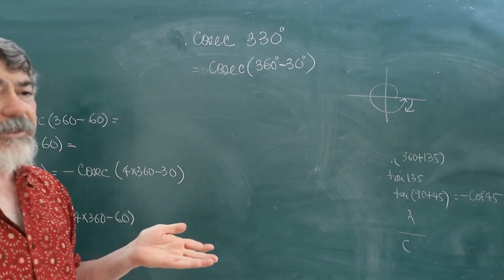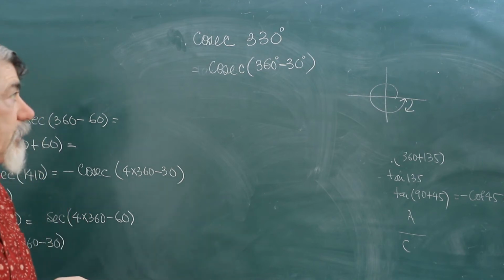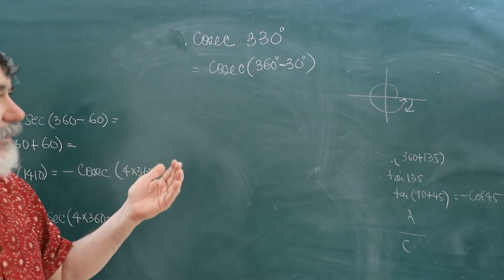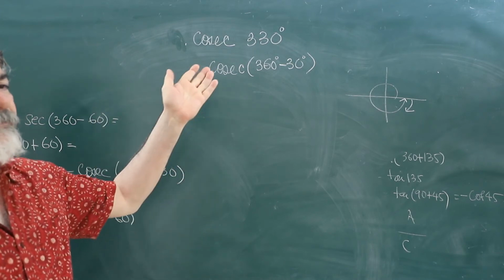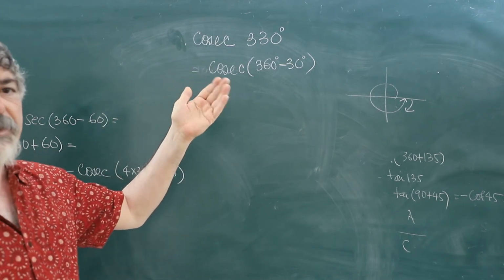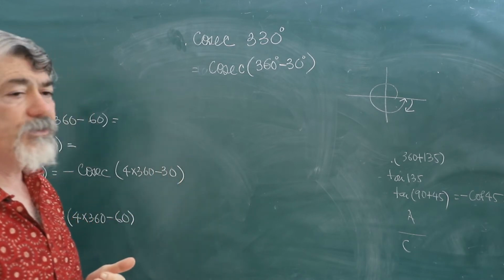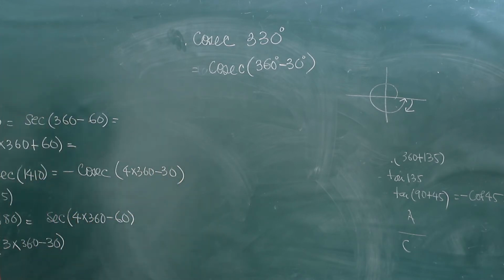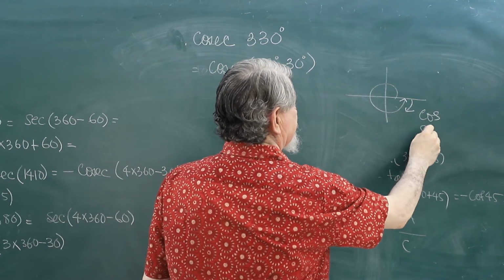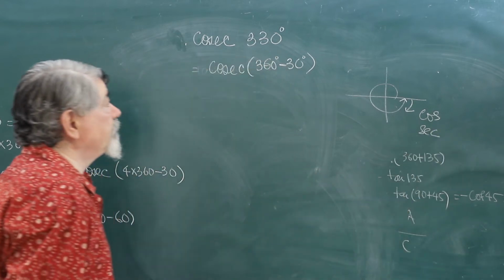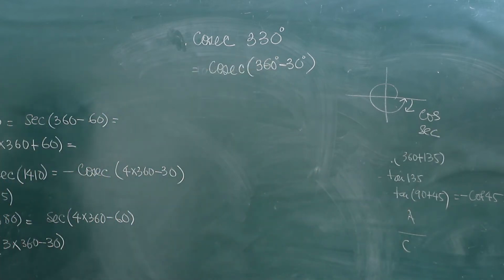So you are again coming into the fourth quadrant, because you are subtracting from that. If it was 360 plus 30, it would have gone into the first quadrant, but 360 minus 30 comes into the fourth quadrant. And in the fourth quadrant, only cos and sec are positive, the rest are negative.